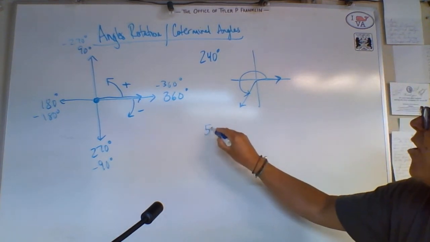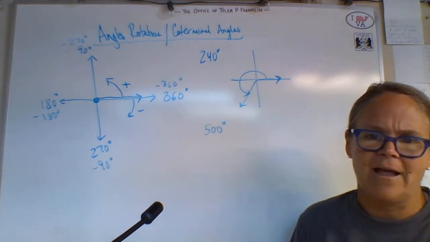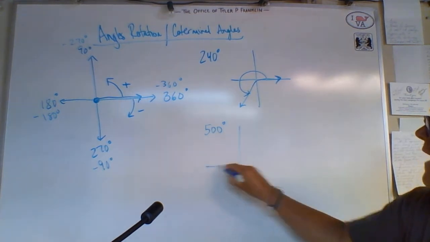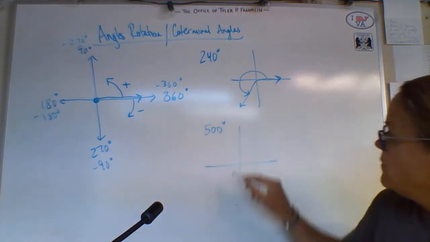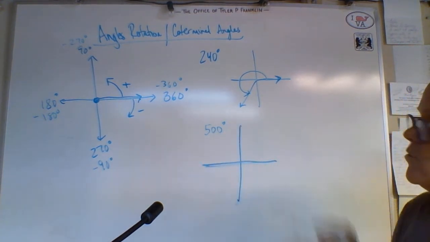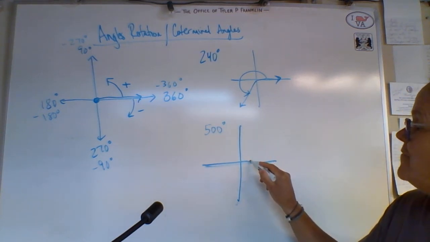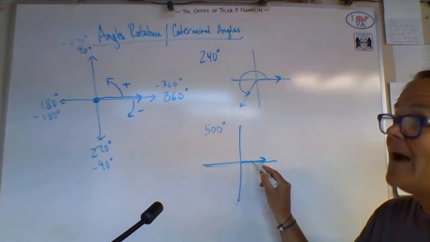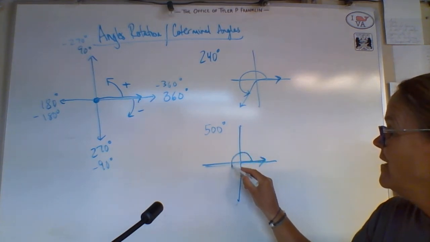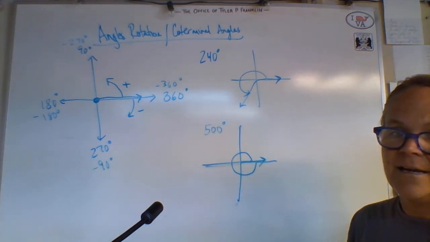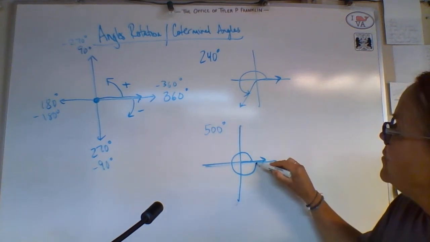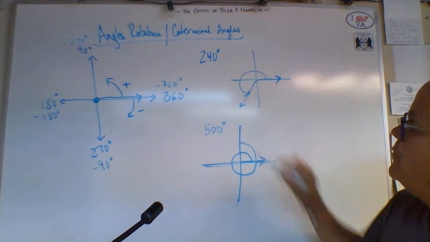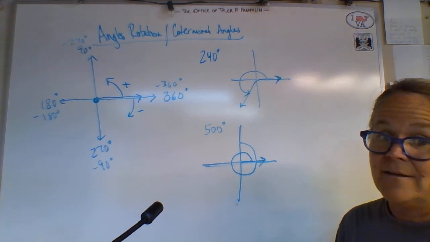If I said draw a 500-degree angle, well, a 500-degree angle is more than one full circle. So you would have to think you're starting here, you're going counterclockwise, that's 360. Another 90 would be 450.